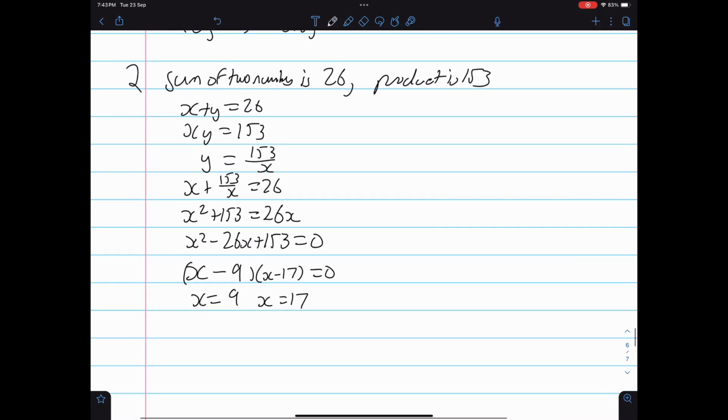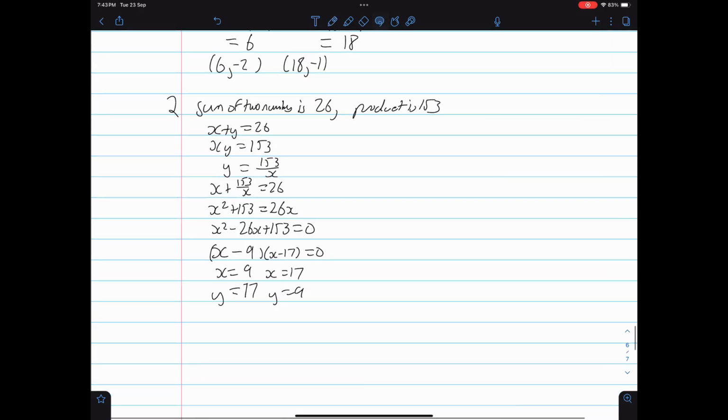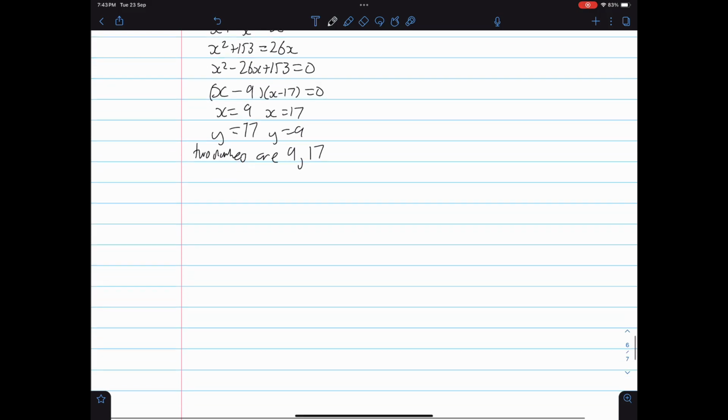Now the good thing about this is because we would use this x plus y thing, or xy equals 153, to get the y value, you'll end up with y is 17 for that one and y equals 9 for that one. And because it just wants to know what the two numbers are, then we just say the two numbers are 9 and 17.